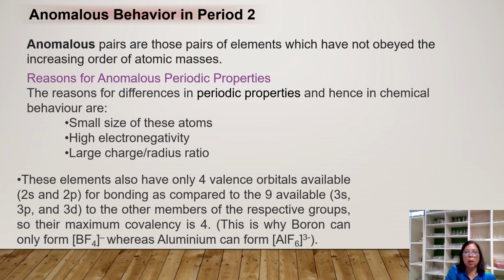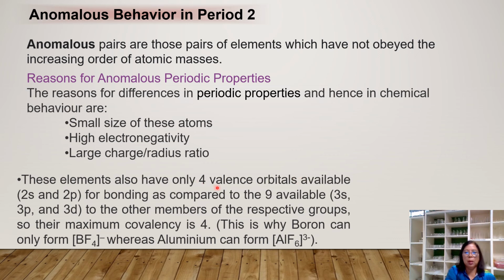Okay, what are the reasons why period 2 exhibits anomalous behavior? Because of the small size of these atoms, they have high electronegativity, and also their radius or size is high as compared with their charge.